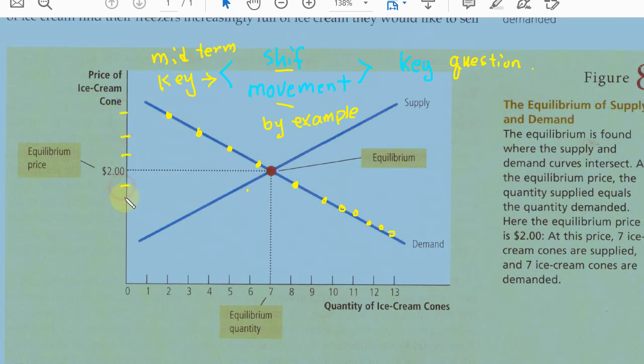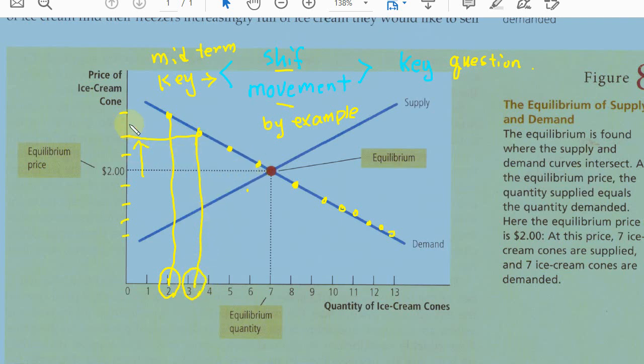From equilibrium, once the price goes up, the point goes up. And once we draw a line vertically, we can find the quantity. If the price goes down, we draw the line vertically here and find the quantity.